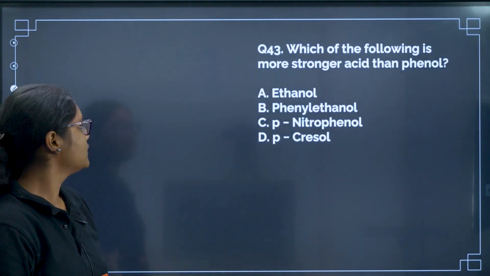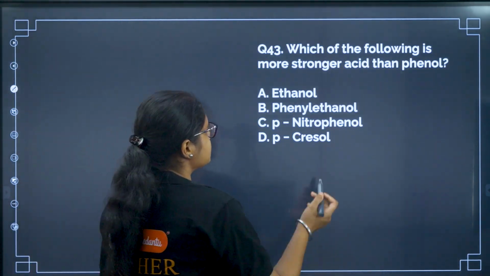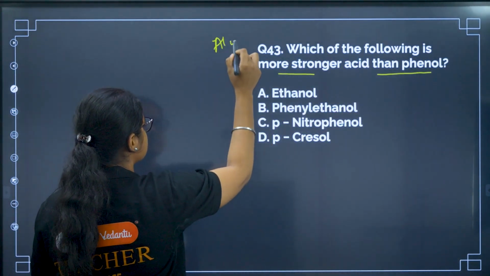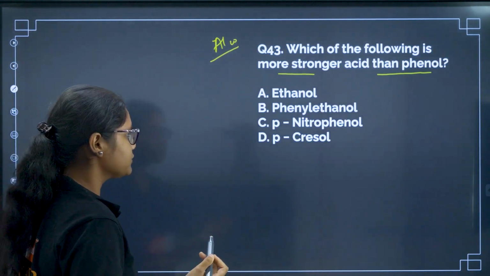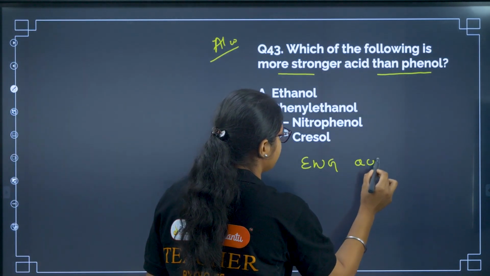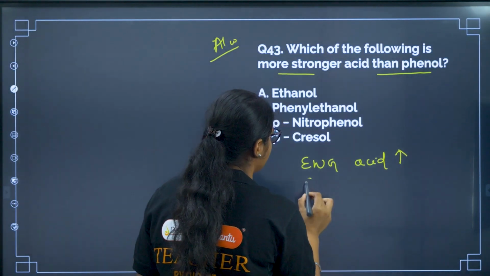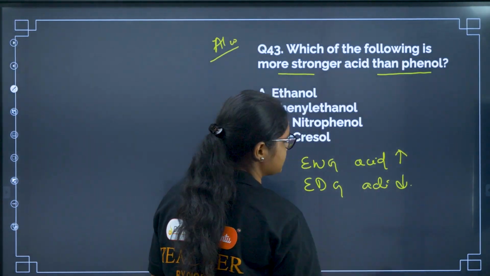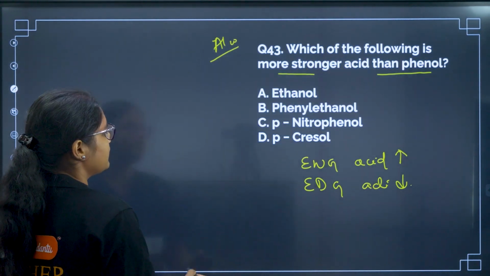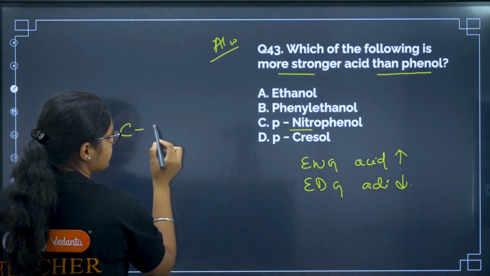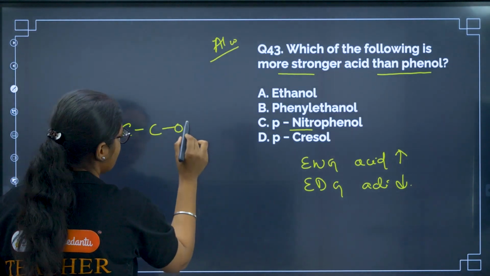Okay. Next. Which of the following is a stronger acid than phenol? The question is from the alcohols chapter. So we should know, if any electron withdrawing group is there, acidity will increase. If an electron donating group is there, acidity will decrease, right? So you can see here, I'll draw the structures for both. First is ethanol.